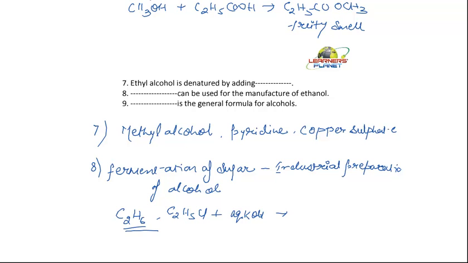Where we treat it with potassium hydroxide, we will get alcohols: C2H5OH and KCl. So this can be used for the manufacture of alcohol.